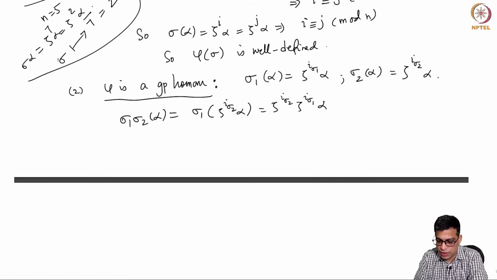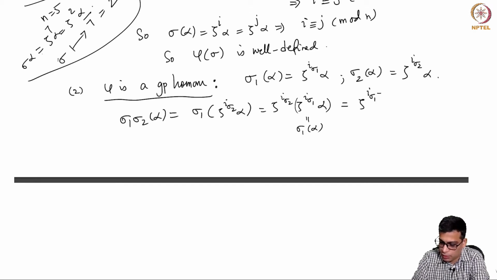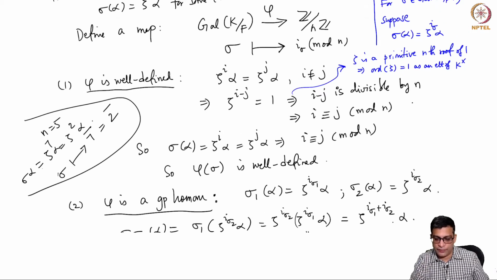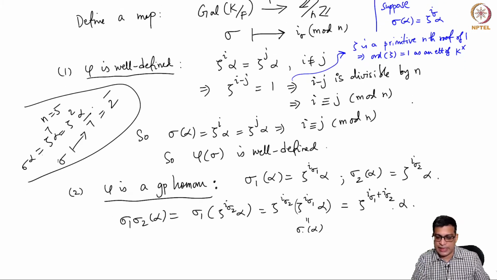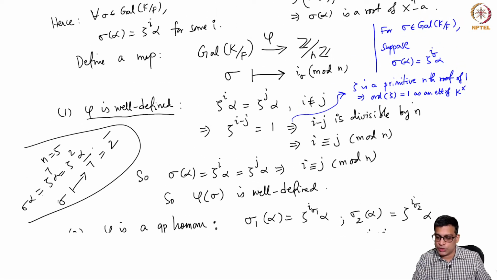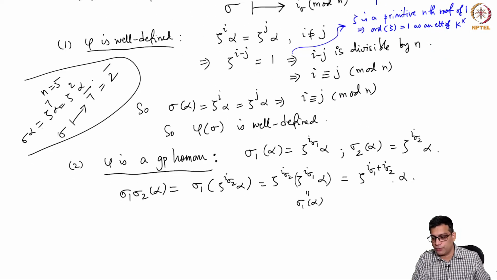So, that comes out, and then sigma 1 of alpha is zeta power I sigma 1 alpha. So, zeta power I sigma 2 comes out, and then you get this, but this is nothing but zeta power I sigma 1 plus I sigma 2 alpha. Now, if you go back to the definition of phi, you simply apply sigma to alpha and then see what is the exponent of zeta.